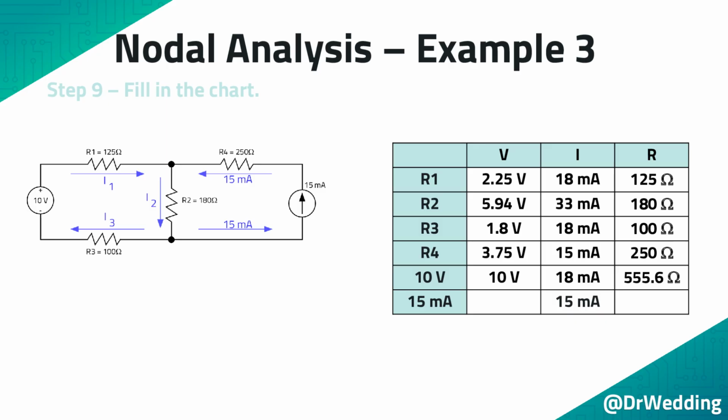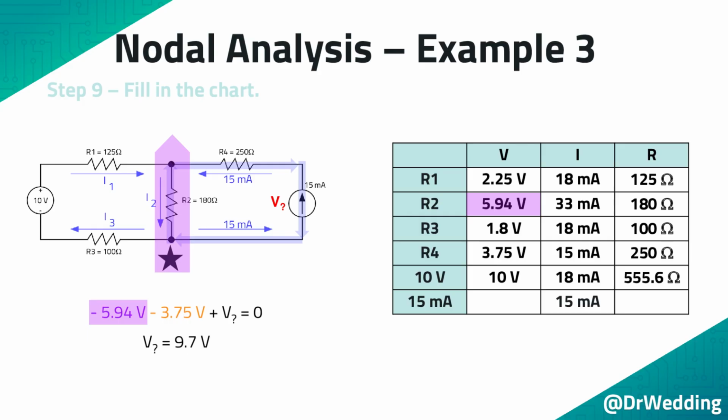Using Ohm's law, most of the remaining values can be found. There are 2 missing values in the table. Both are associated with the current source. Using Kirchhoff's voltage law, you can find the voltage across the current source. Start at the star. Follow the highlighted path and add the voltages together.